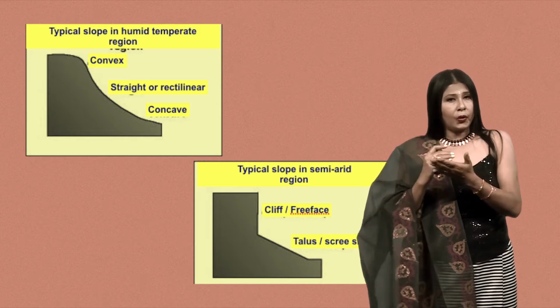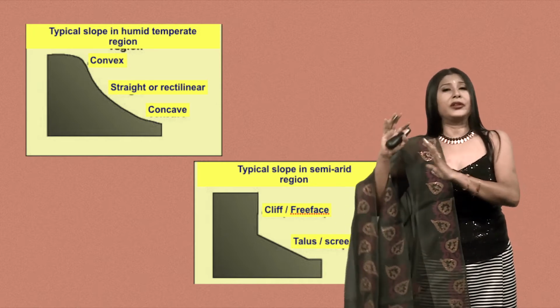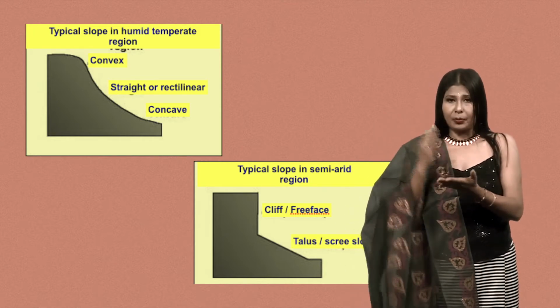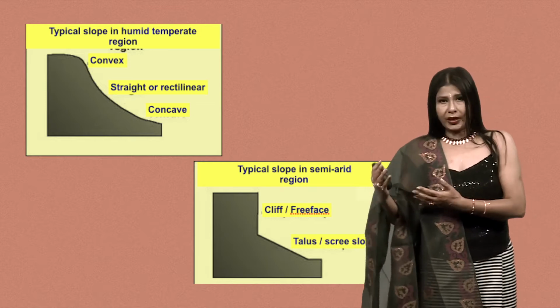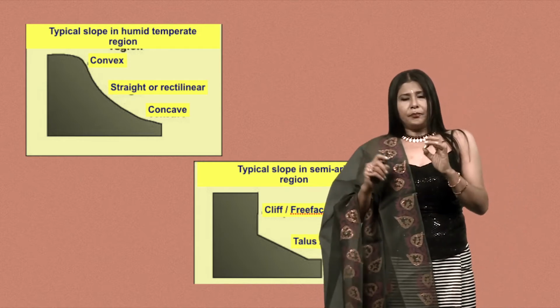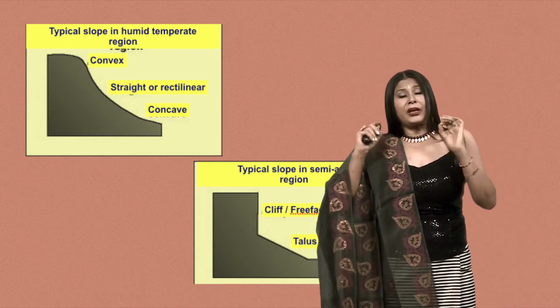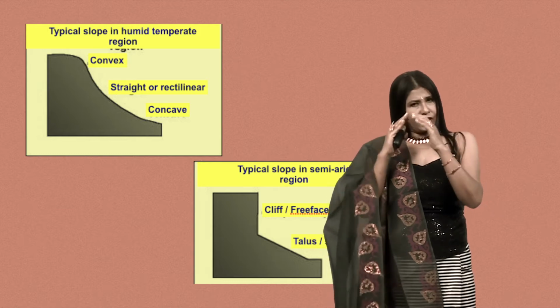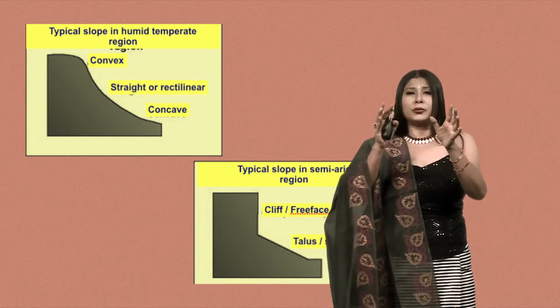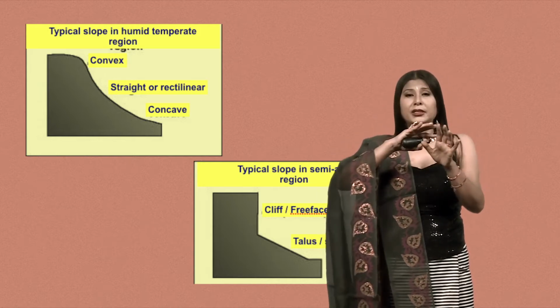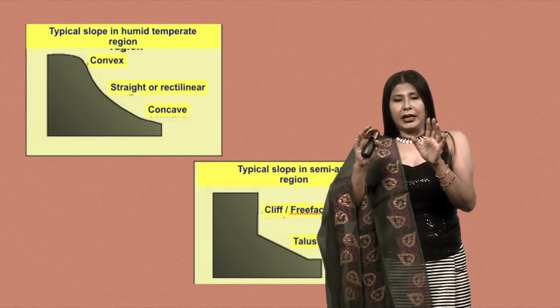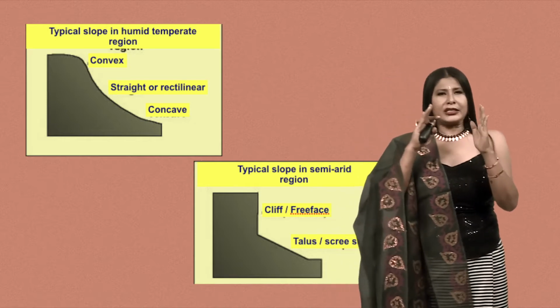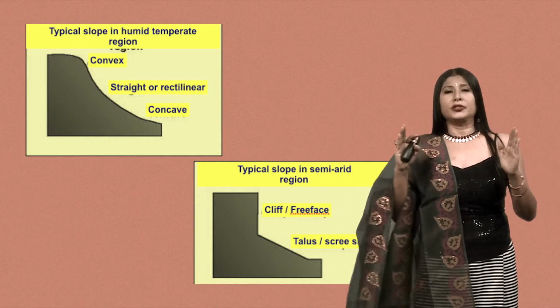This does not occur in areas where the rainfall is very high, for example tropical or equatorial areas. There, because of deep chemical weathering, the edges become smoothened and the slope becomes smooth. Therefore, we do not see a very sharp break in the slope.